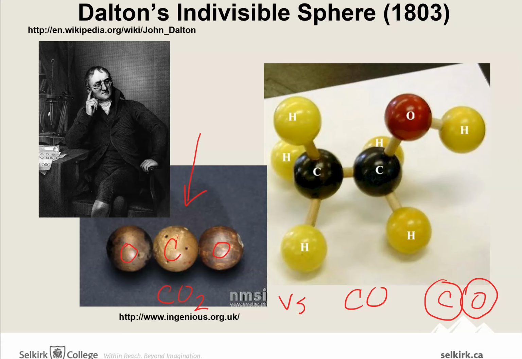Now, we don't believe this model is exactly true anymore, but we're not going to discard the model altogether. We're just going to add to it. The model on the right shows the kind of model that I might still use today. You'll see when I'm working with you in tutorial that I often use a model kit like this to make molecules, and each ball represents a different kind of atom.